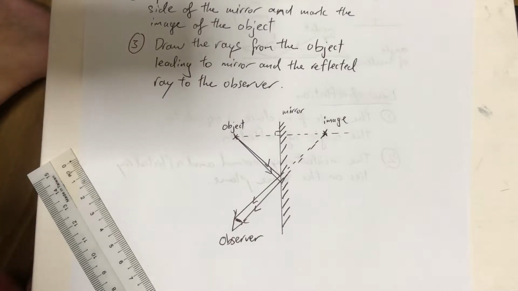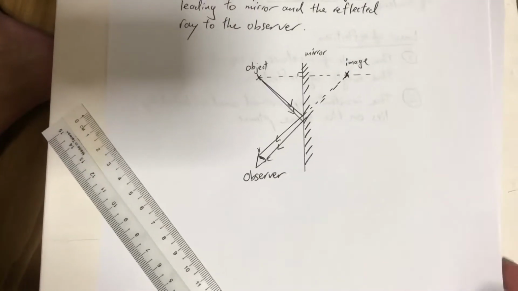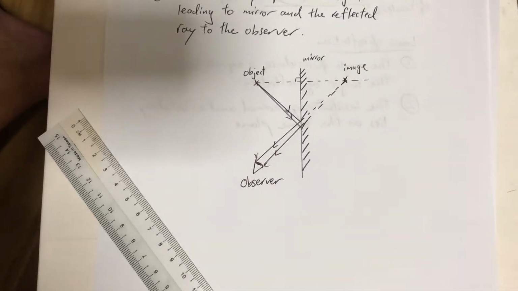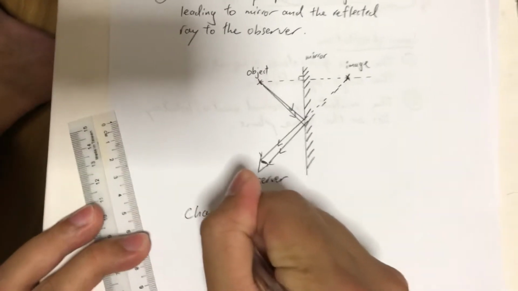So this is how we are going to draw the ray diagrams for reflection. Now let's look at this ray diagram very carefully, and we'll discuss the characteristics of the image of a reflection.